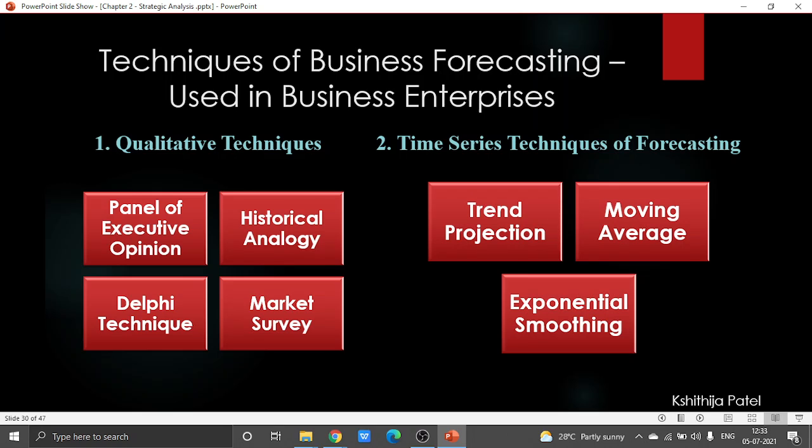That is how it happens in moving averages.